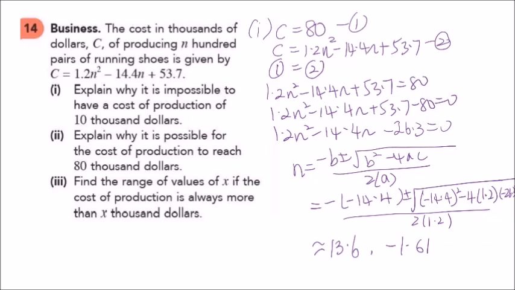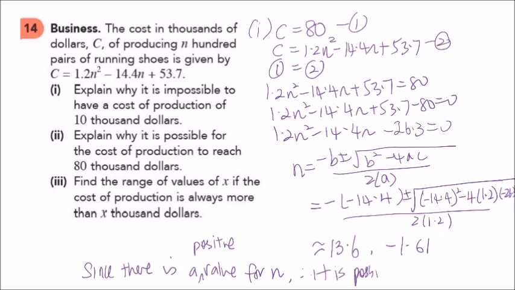So since there is a positive value for n, therefore it is possible for the production cost to reach 80,000.